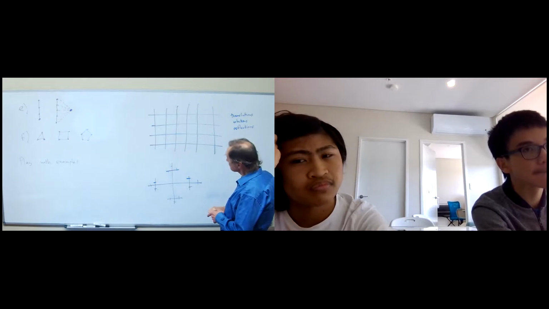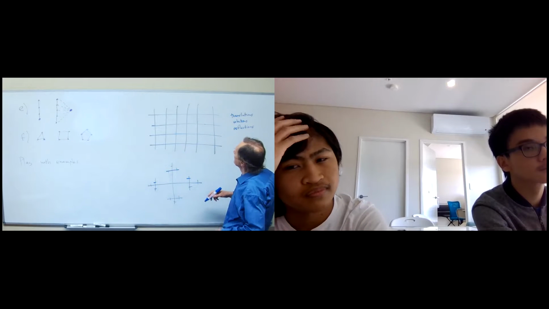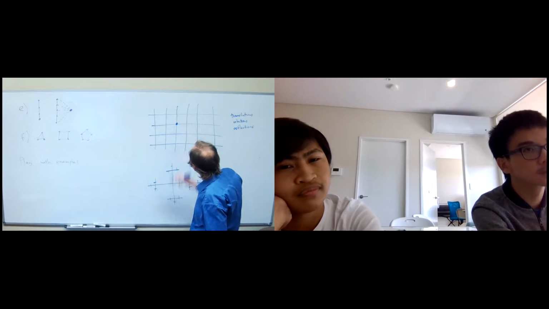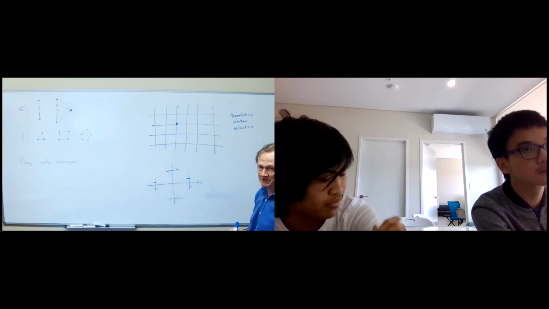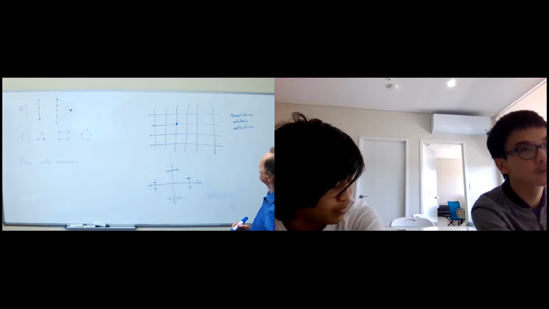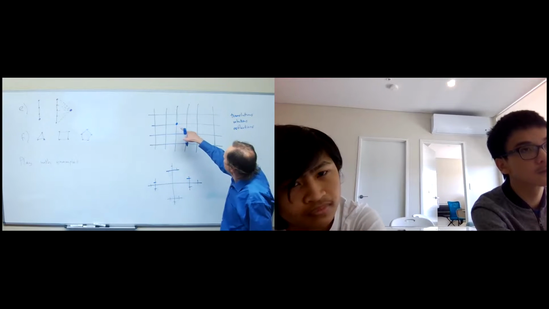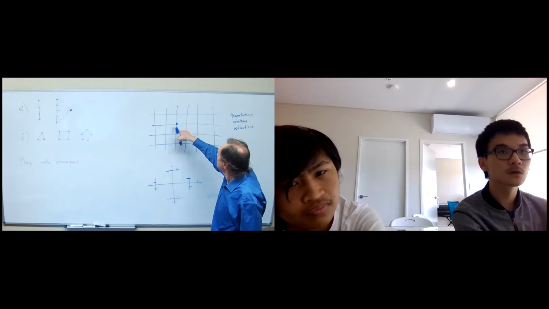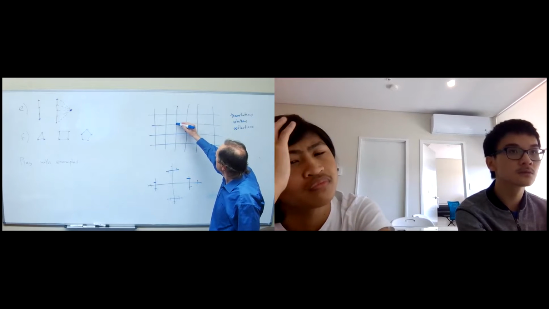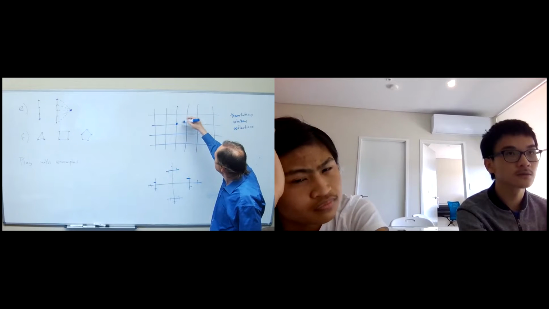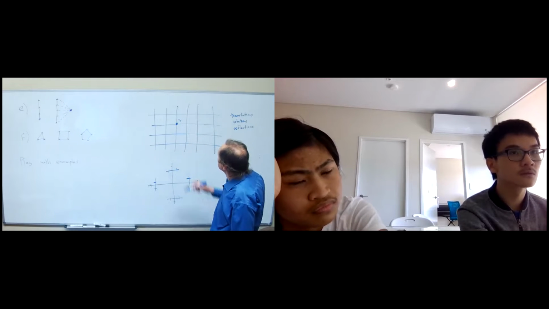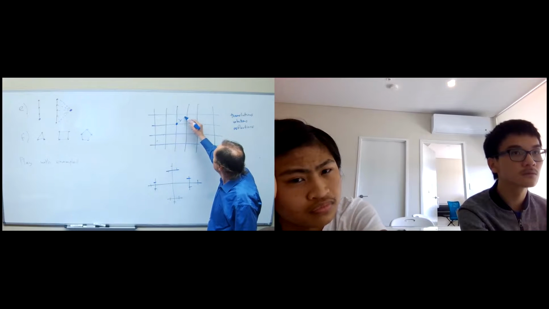But now let's suppose we take some vertex, and we ask ourselves, what are the symmetries that fix this vertex? Okay, so we can't translate anymore. But what can we do? Well, we can rotate through 90 degrees, and we can reflect in an axis.